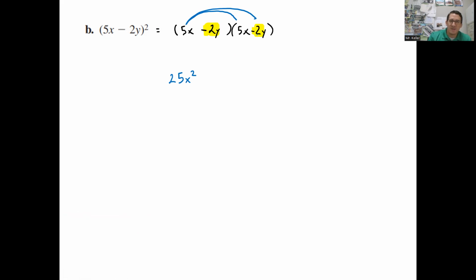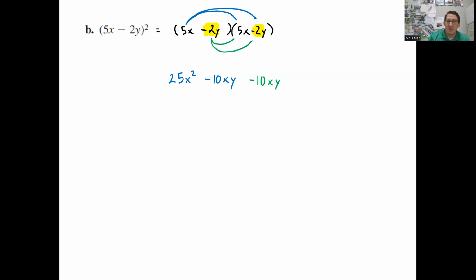So 5x times negative 2y, that's going to be a negative. 5 times 2 is 10. X times y is just xy. And I'm going to distribute the next one, negative 2y times 5x. So negative 2 times 5 is negative 10. Y times x is yx, or xy. I'm going to put it in alphabetical order, then we can see that those match.